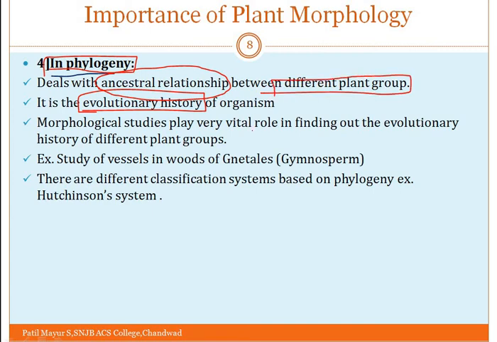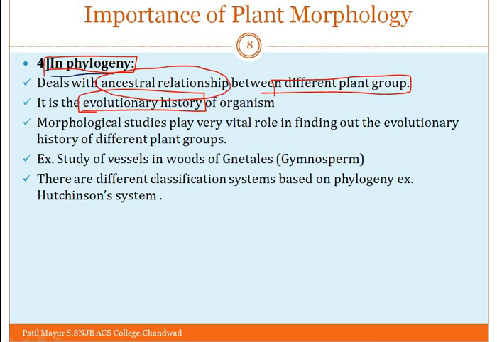If two plants are showing similar characters, similar morphological characters, then we may guess that they have a common ancestor in the past, or the two plants have evolved from a common plant. Some speciation has happened, because of which these two different plants were created, which originally had the same ancestor. So all these things are studied in phylogeny.